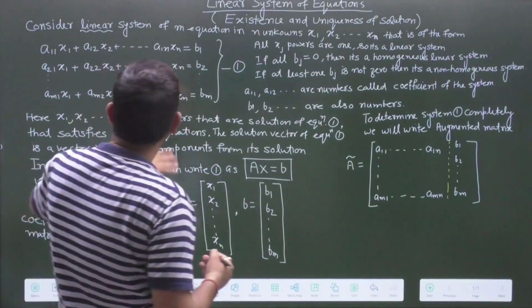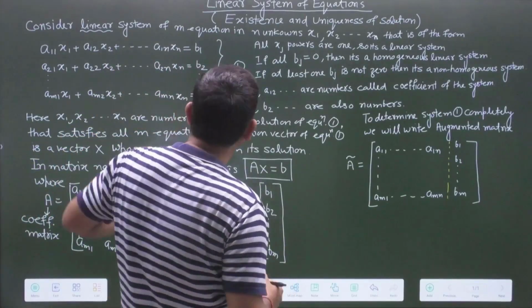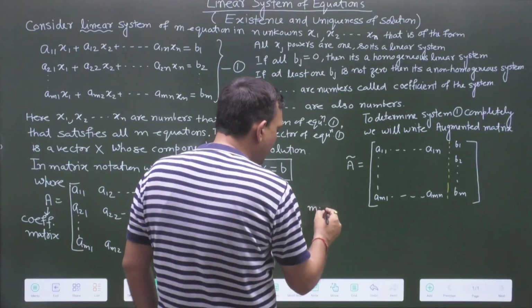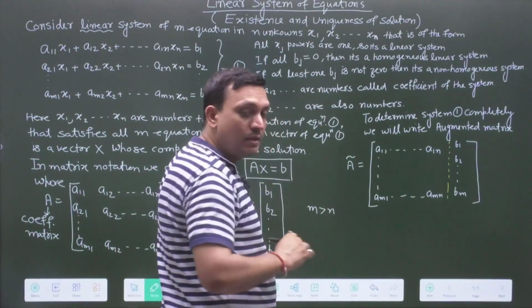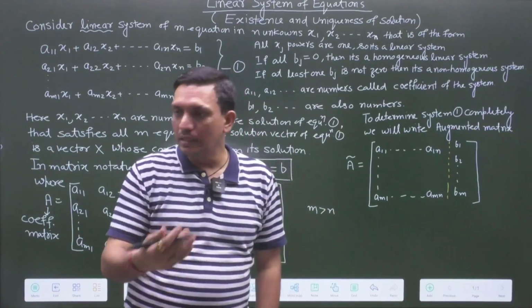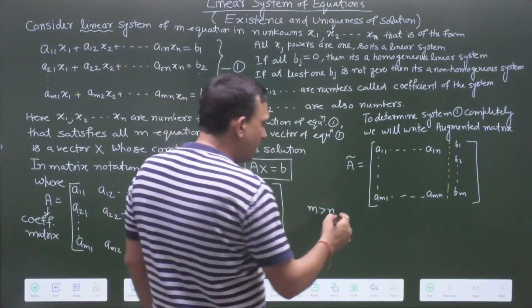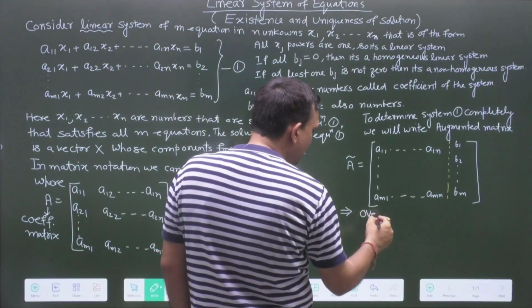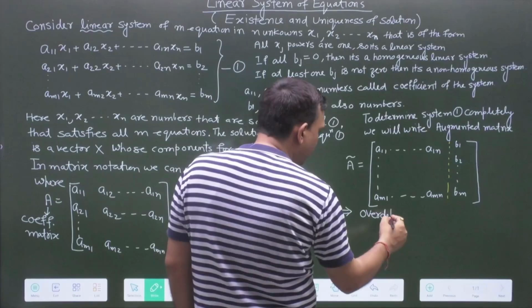Now, because there are m equations in n unknowns, in equation 1, if m is greater than n, meaning the number of equations is more than the number of unknowns, we say that the system is overdetermined.